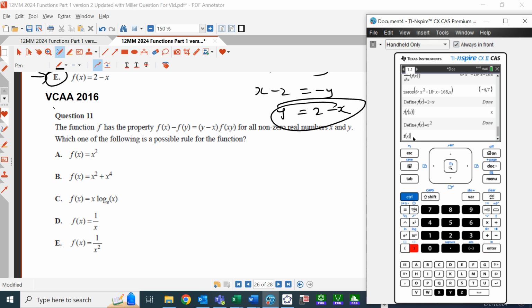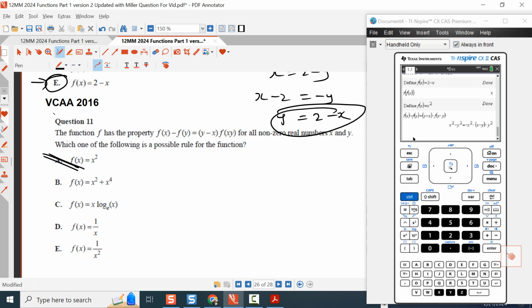So I'm going to go f of x, take away f of y, equals y take x multiplied by f of x times y. And if this is the possible rule for the function, what it will do is go, yeah, true. So if you don't get true, what that means is that's not the rule.